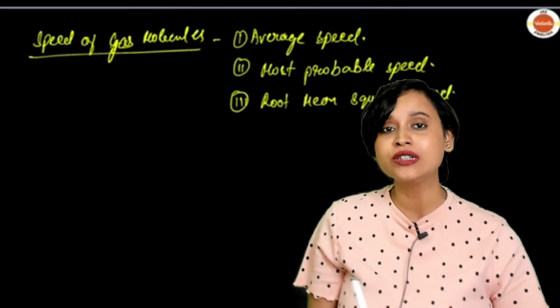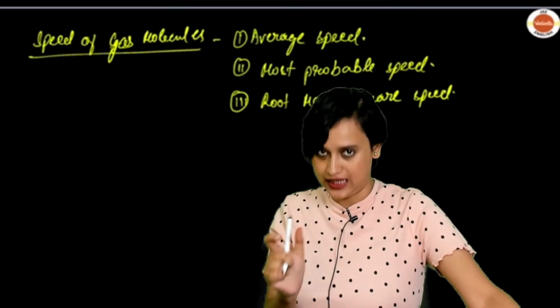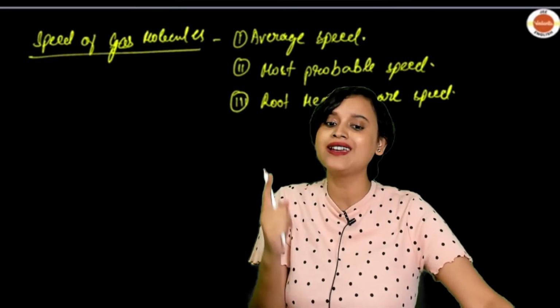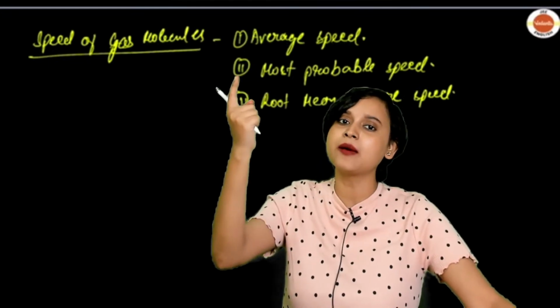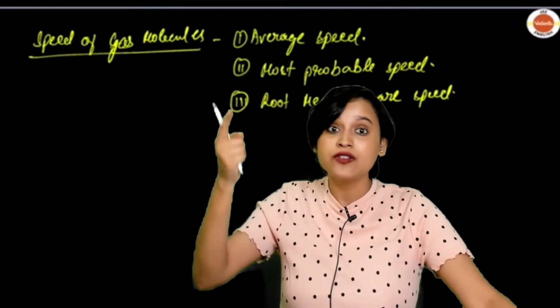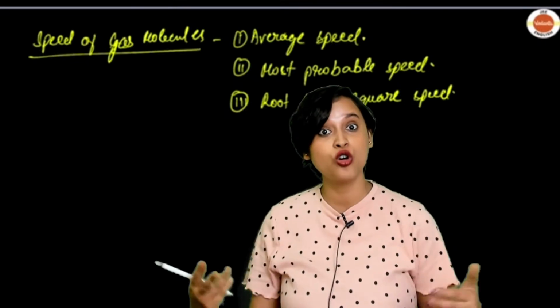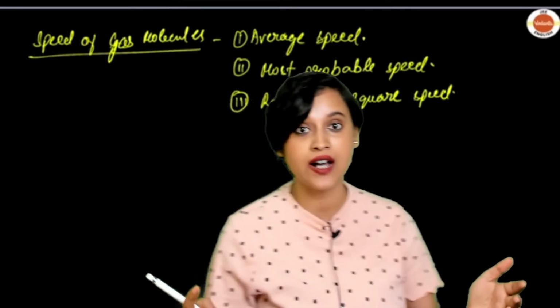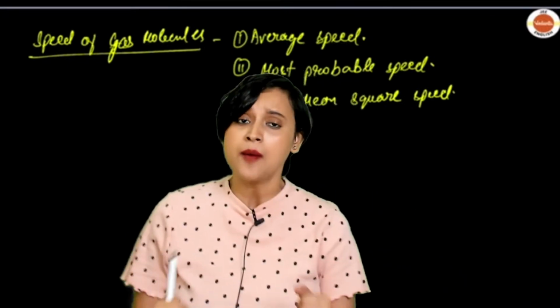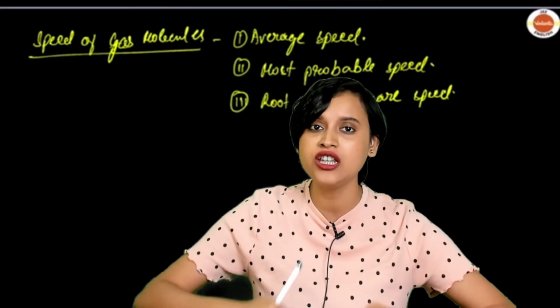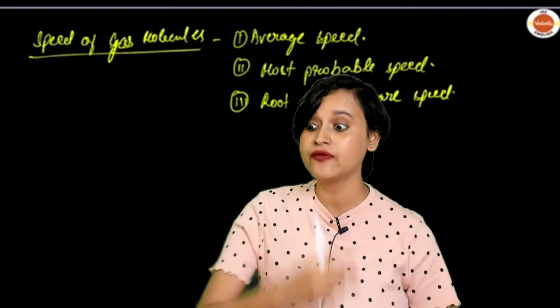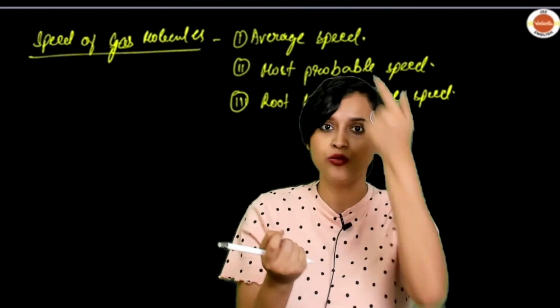Okay. Then I told you about this molecular speed. If I increase the temperature, don't you think the speed will also increase, because now they have more energy? So they will start moving really fast, isn't it? But if I have a heavier molecule, it will not be able to move that fast. If I have a lighter molecule, it will move very fast.